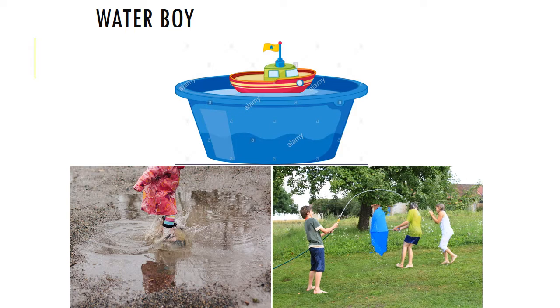A hose is a long plastic or rubber pipe we use for gardening or spraying water when required. So he used to open the hose and splash his friends when they walked by. His mother told him many times not to waste water, but he did not listen.